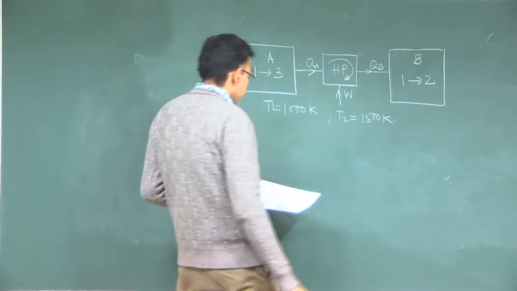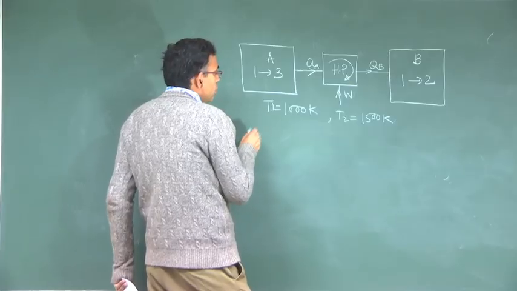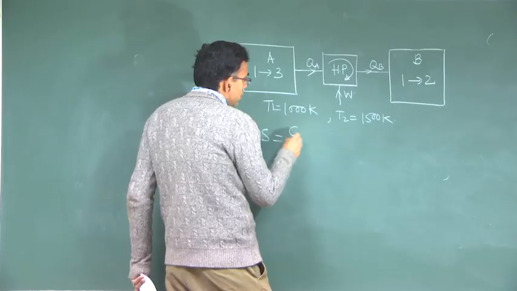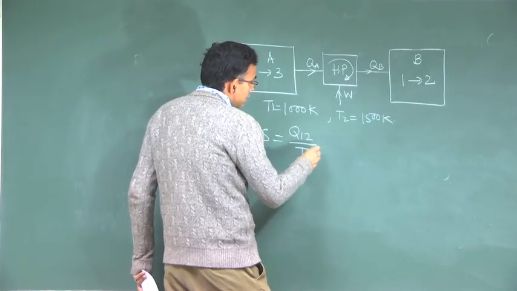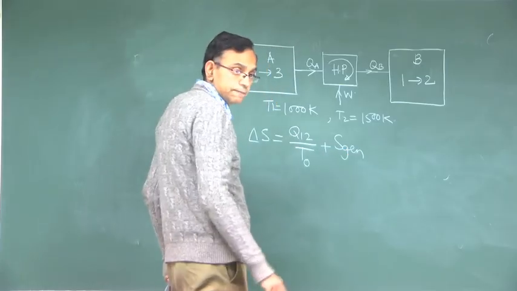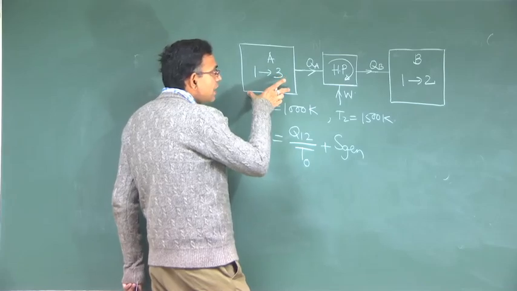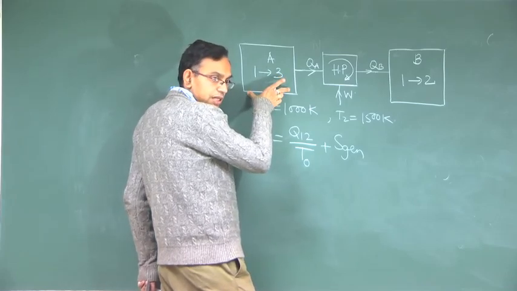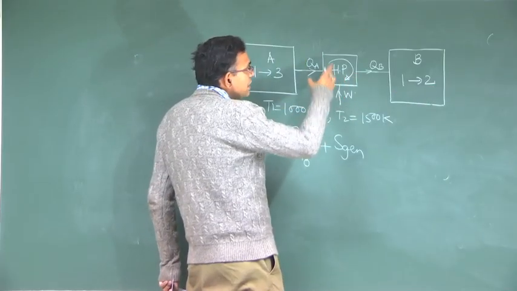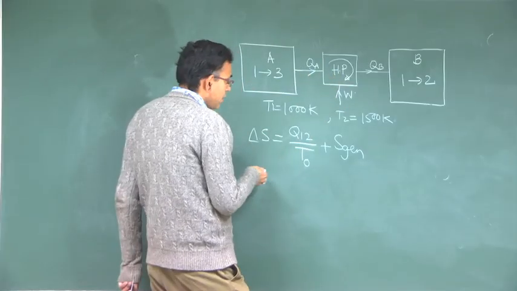So, then because this entire process is reversible, we can write delta S is equal to Q12 by T0 plus entropy generation, right. So, this delta S is the change in entropy of the nitrogen in A plus the change in entropy of nitrogen in B. There is no change in entropy for the heat pump because it is a cyclic process, it comes back to the same state.